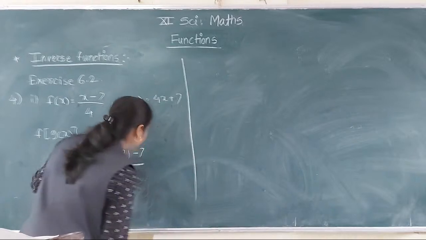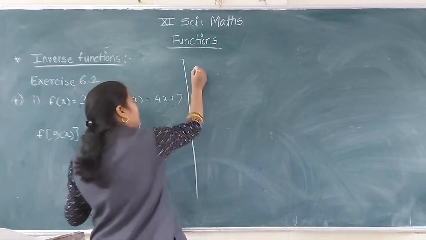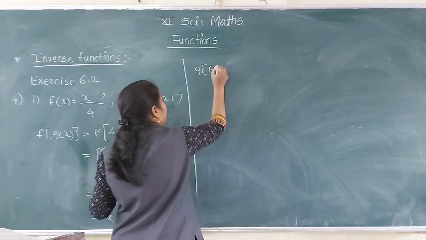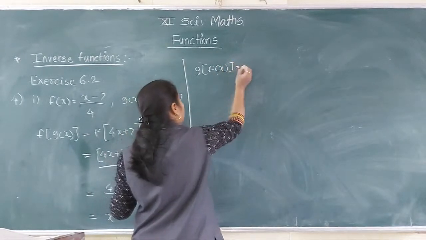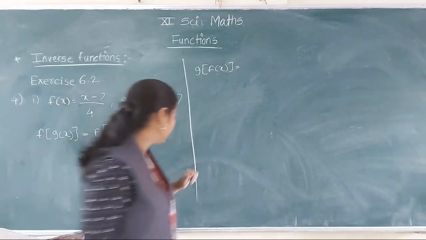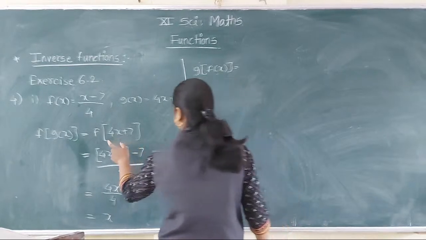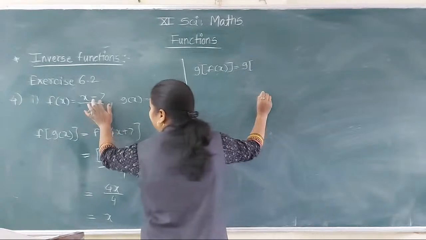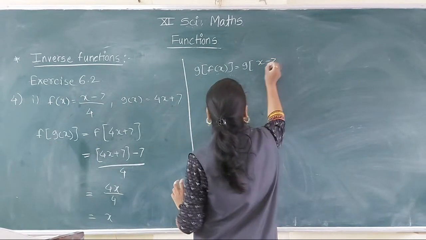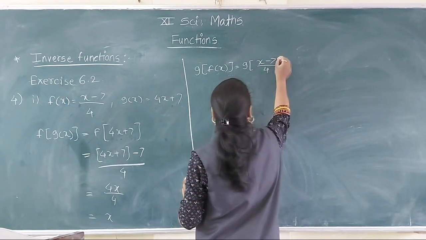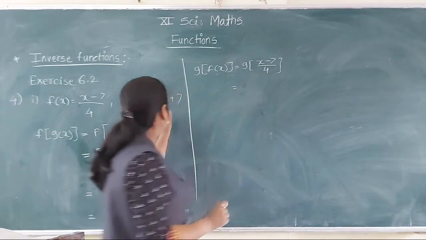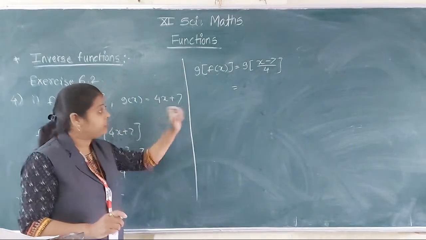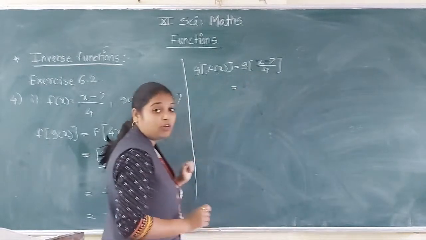Now we check g of f of x. Its value should also be x. Then we can say they are inverses of each other. So g of f of x, this function is x minus 7 upon 4. So g of this, wherever x is there we put x minus 7 upon 4.